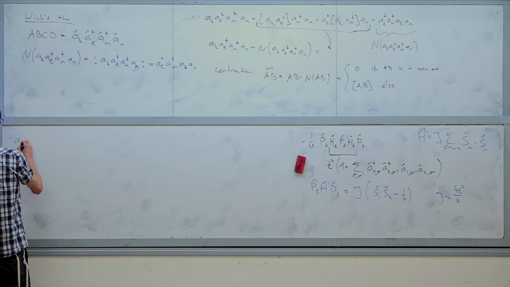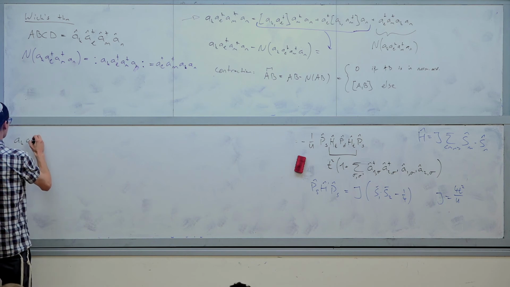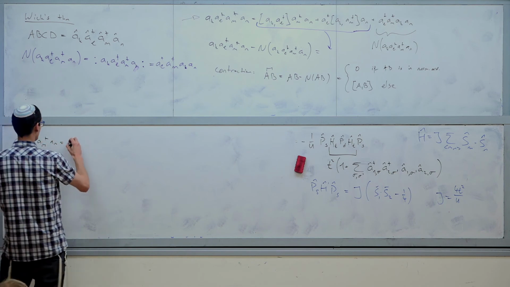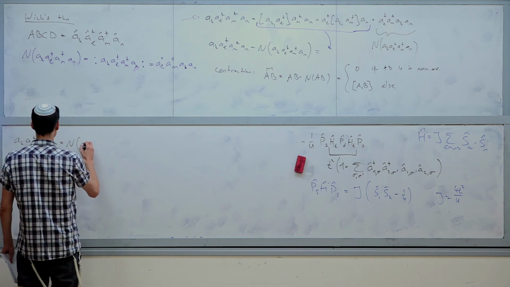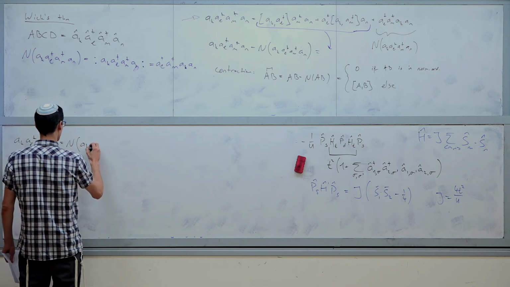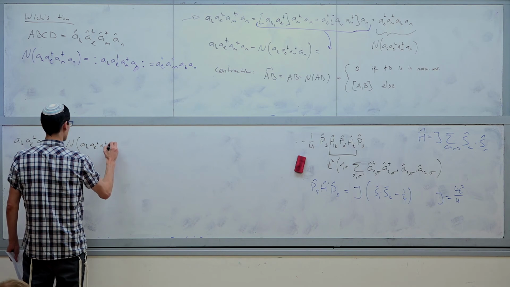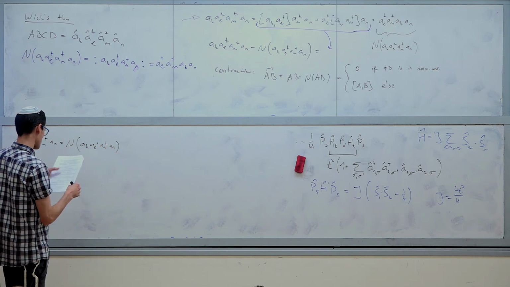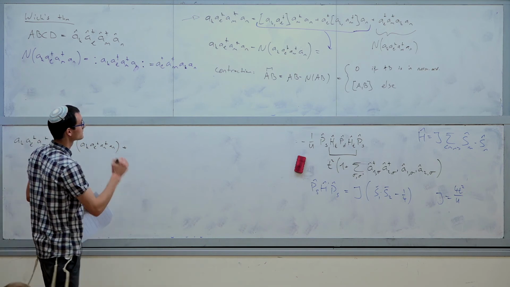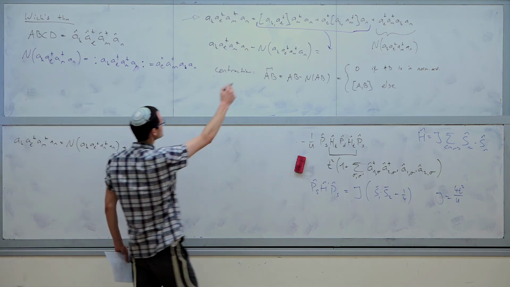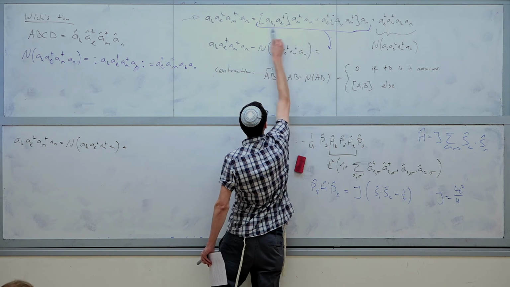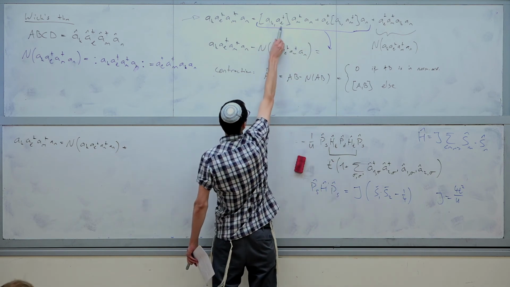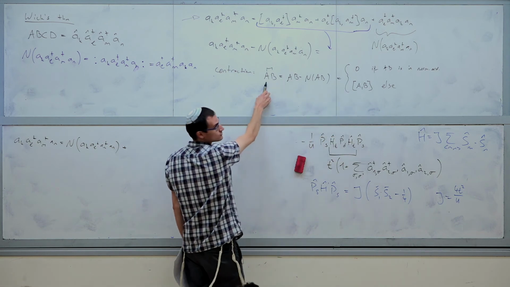AK, AL dagger, AM dagger, AN is equal to, first of all, the normal order of whatever this is, AK, AL dagger, AM dagger, AN. Plus, now I have this term, and instead of writing the commutator of AK and AL dagger, I'm going to just write the contraction.